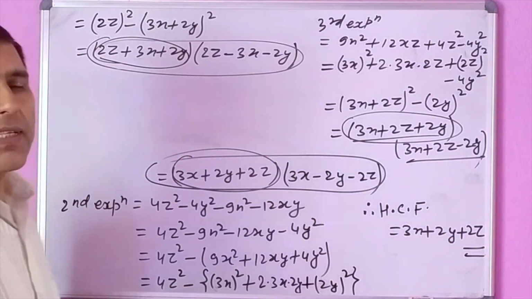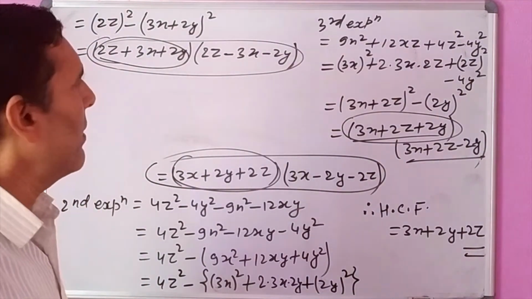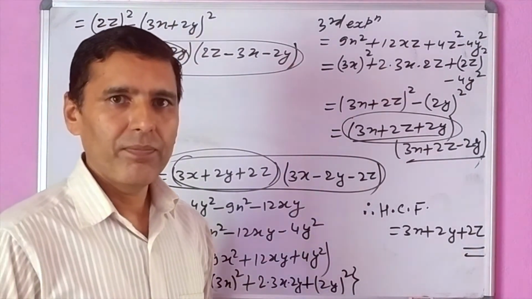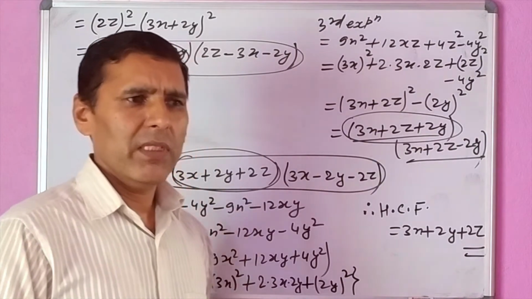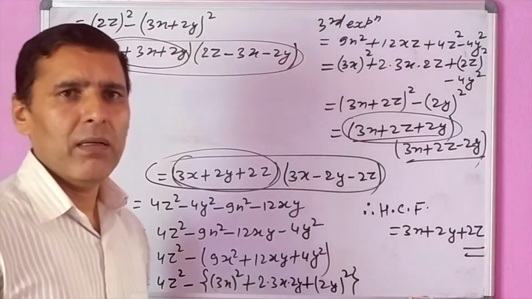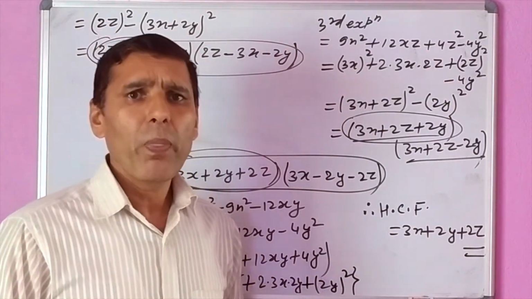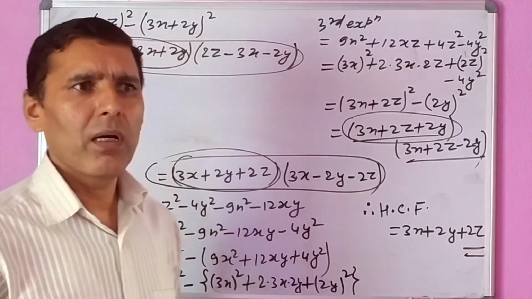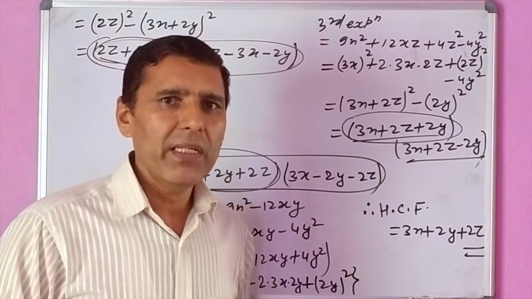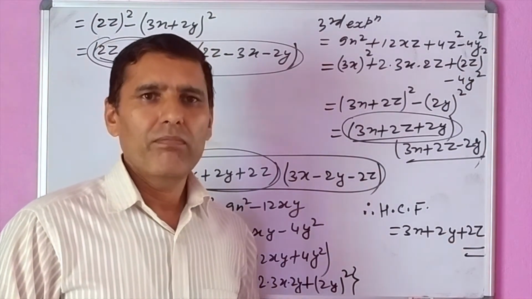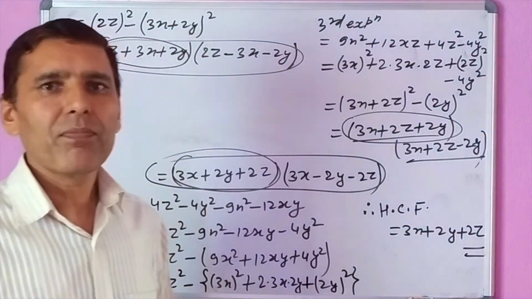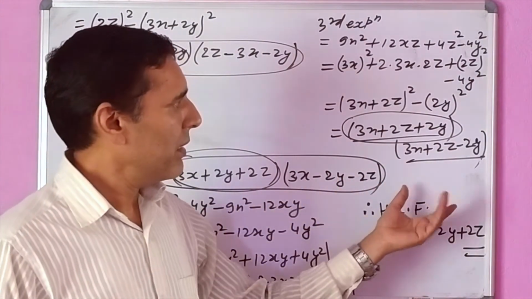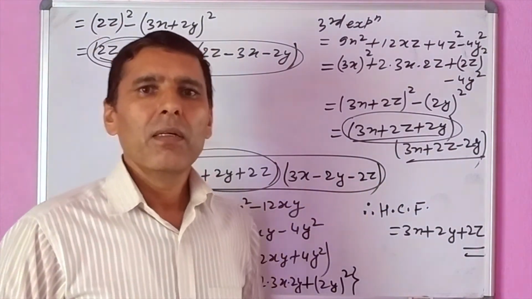Here the expressions are slightly longer but not difficult. If we have a simple concept of factorization, just the arrangement of the terms, and you focus on which three terms are completing the square. We have different techniques for completing the square or factorization.